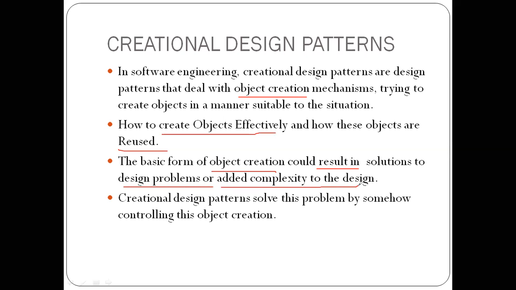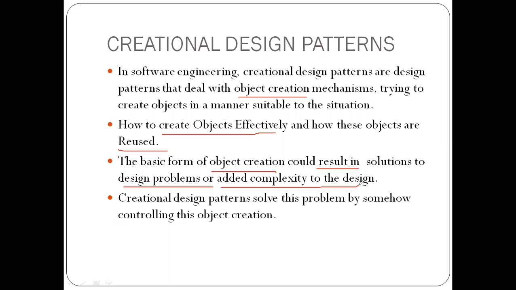While creating the object, two kinds of results can come. The first one is that the objects are exactly suitable to that particular problem, without adding complexity to that module. That is one state. Coming to the second state, it may add some complexity to that particular design or module.